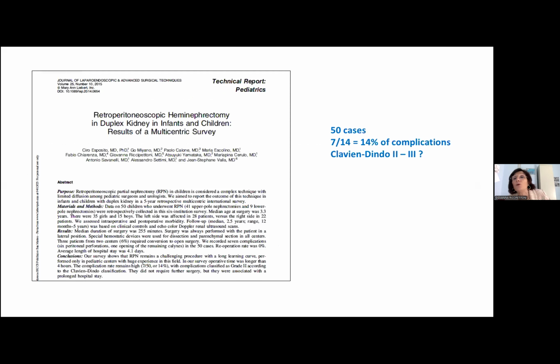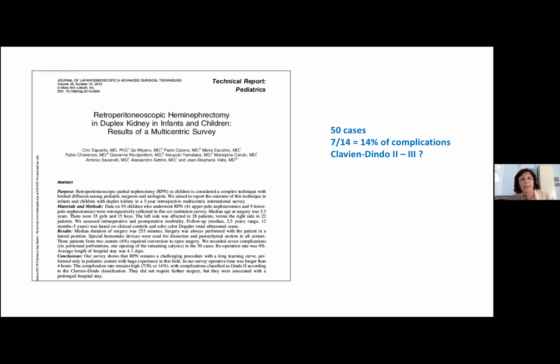Then if we move to the literature about the complications, this was an old paper of 10 years ago that I published with other colleagues. There was the experience in retroperitoneoscopic heminephrectomy. Out of 50 cases, the incidence of complications was 14% with a high percentage of leakage.